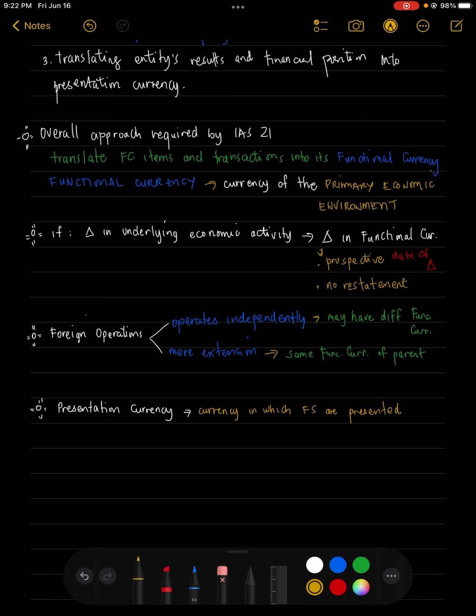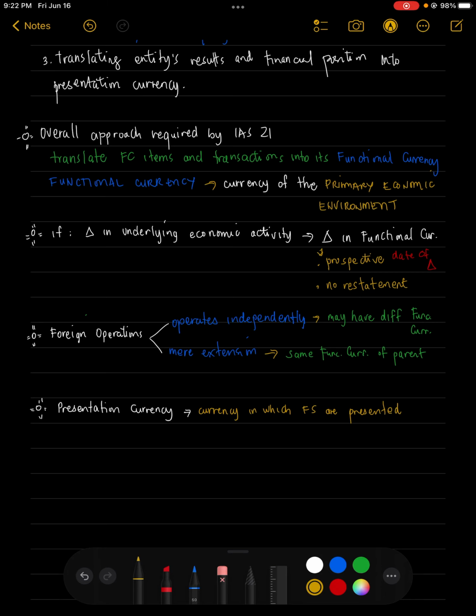If it operates independently, then posibleng iba yung kanyang functional currency. Pero if it is a mere extension of the entity, the functional currency of the foreign operation is the same as that of the functional currency of the parent or the reporting entity or group.